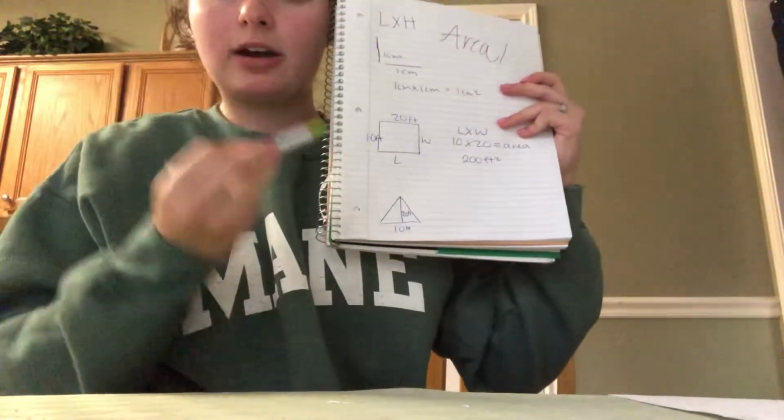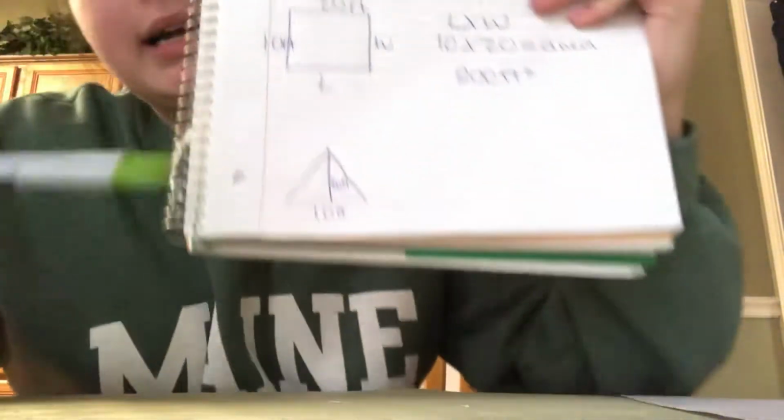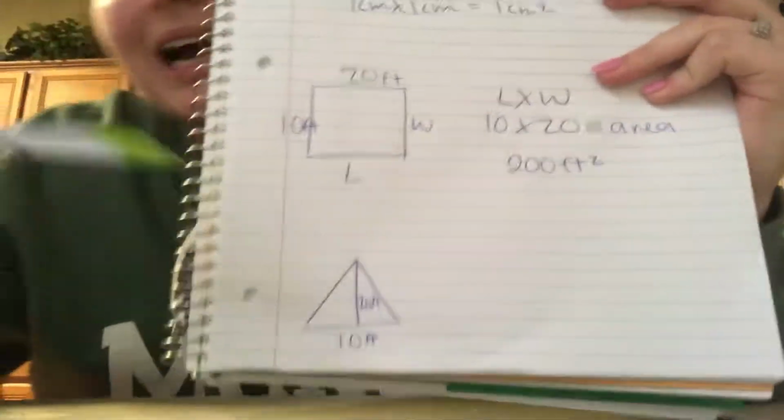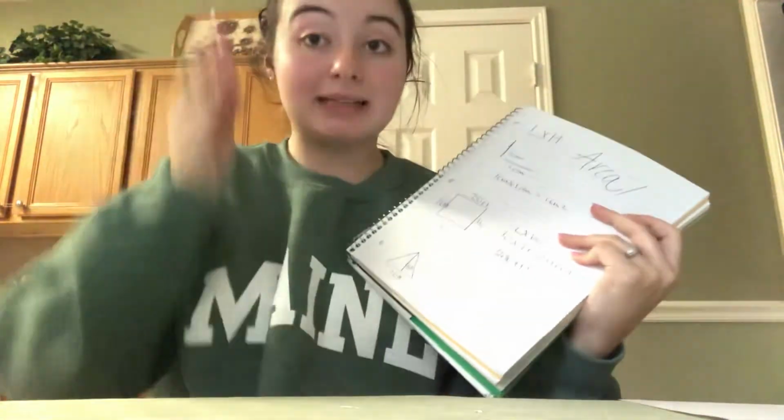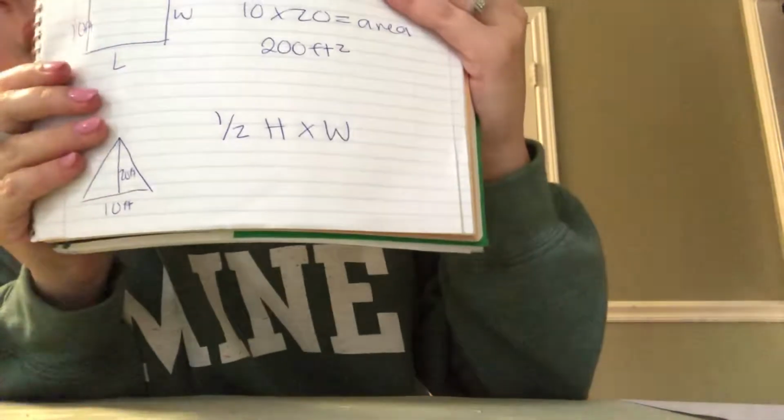Okay, but instead of writing my 20 on one of the edge marks, I've put a line down the middle, because just how you split your triangle in half, you're going to write a half at the start of your equation. Then you will have your height times, we'll say, width. And that's how I've written it.